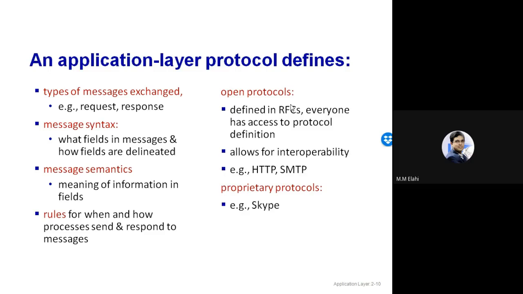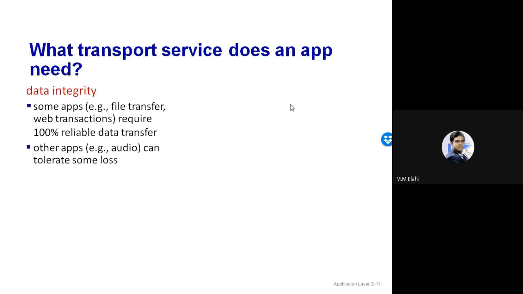So you search for that, find it available on the internet, download it and you can see. That is an open protocol. All the things are defined there. But there are some proprietary protocols like Skype, where they don't disclose their protocols. They just keep it among themselves. There are some other proprietary protocols too.